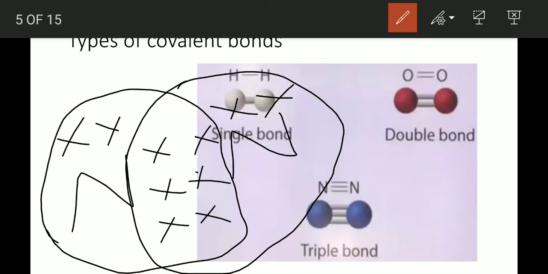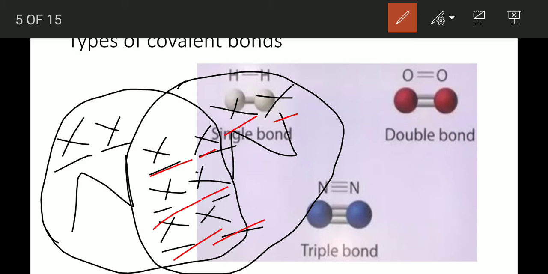These both nitrogen become stable. See 1, 2, 3, 4, 5, 6, 7, 8, and here 1, 2, 3, 4, 5, 6, 7, 8. That means these 2 nitrogen became stable. How? By sharing their electrons.